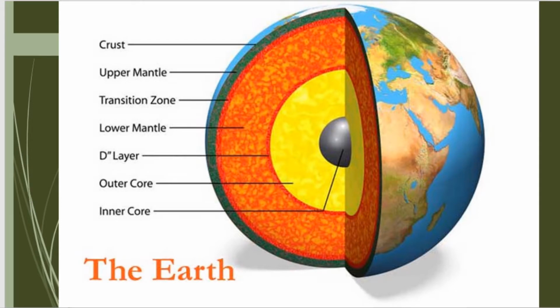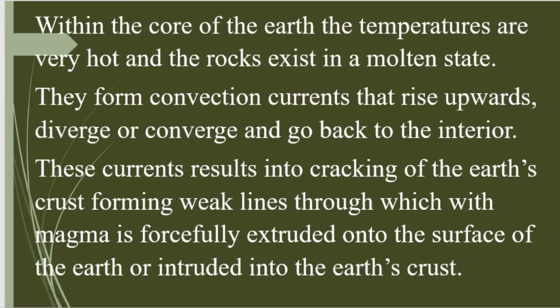This results in the formation of magma, which is later poured out on the Earth's surface as lava. So within the interior of the Earth, the temperatures are very hot and the rocks exist in a molten state. They form convection currents that rise upwards, diverge or converge, and go back to the interior.